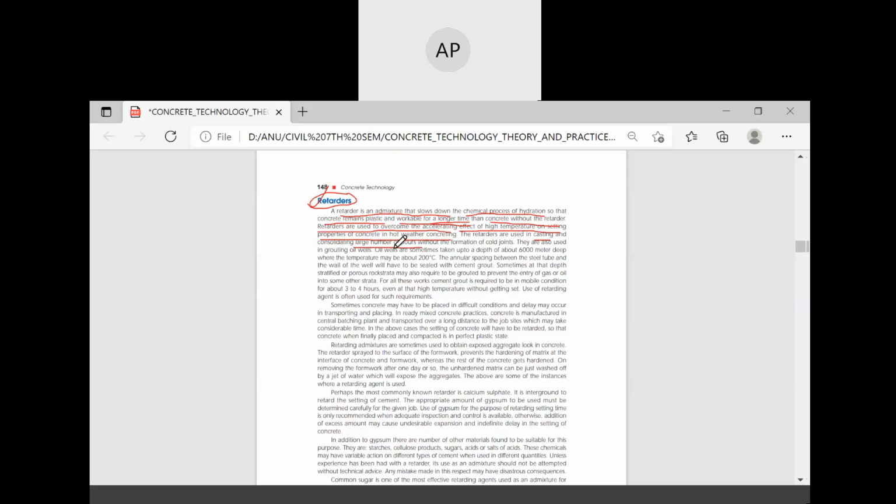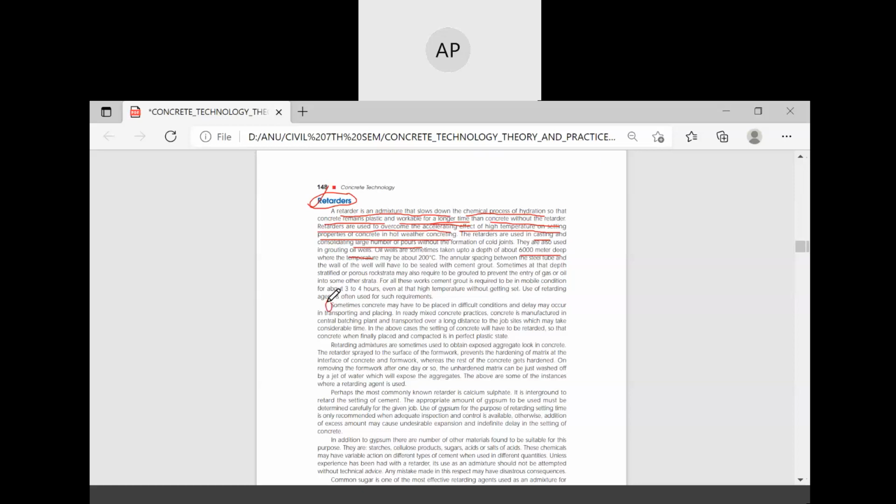They are also used in grouting oil wells. Oil wells are sometimes taken up to a depth of 6,000 meters, where the temperature may be 200 degrees. Sometimes concrete may have to be placed in difficult conditions and delay may occur.